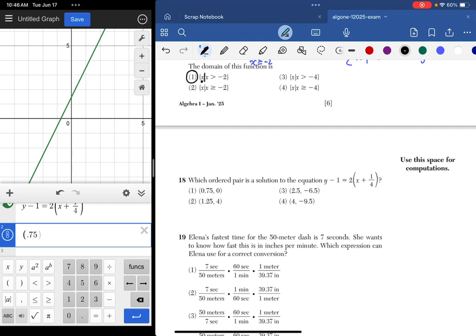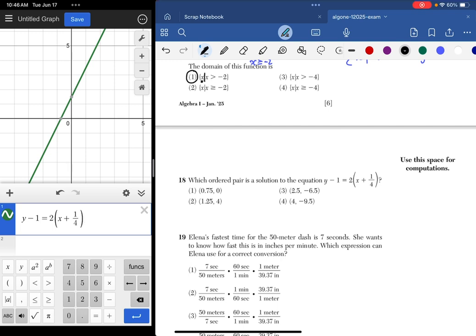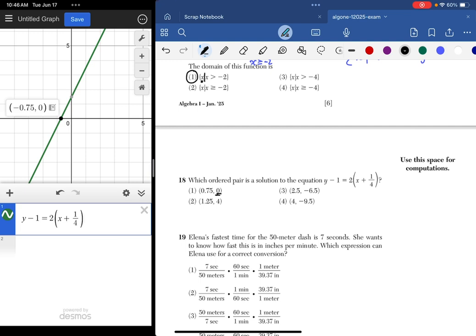There's one thing you could do off the bat, because I noticed that we have a y value of 0 here. I could see what the x-intercept is. Now that's close, it's negative 0.75, not positive 0.75, so that's not great, but it was worth taking a stab at it.